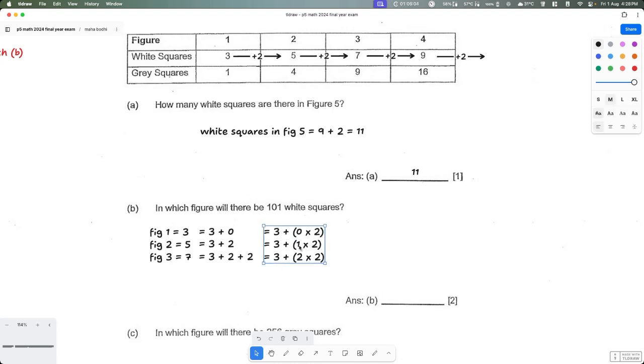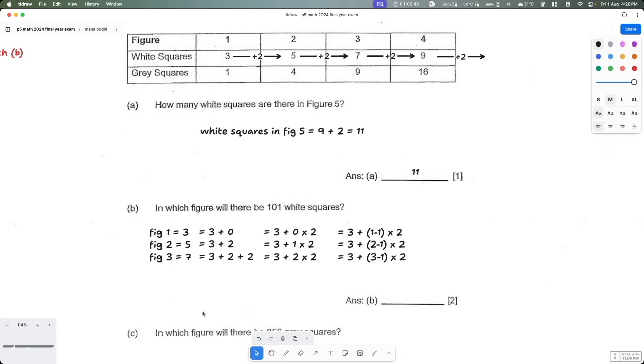So how do we get 0, 1 and 2? Basically, in this case, 1 minus 1, then 2 minus 1, and then 3 minus 1, times 2 like this. I don't need the brackets actually, because we multiply as what you see over here. So hopefully this makes sense.